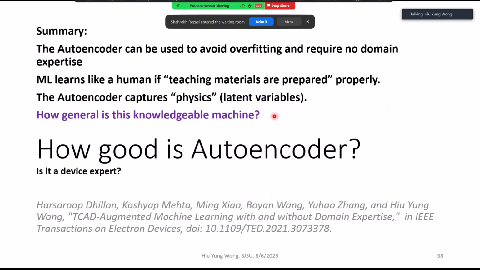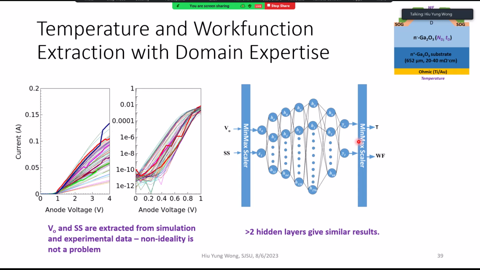Now, can we use it to do something even more, or does it really learn? So we try to see if it can be as good as a device expert. Here we go back to the Schottky diode example. We compare one with domain expertise and one without.